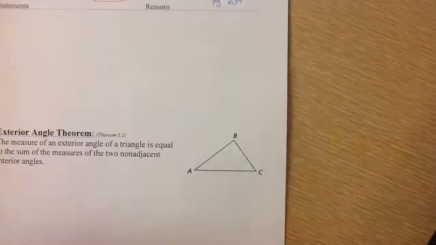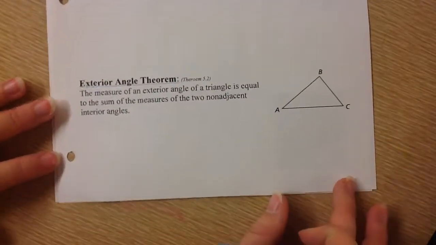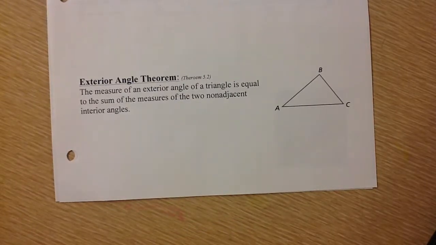All right, I believe it's our last theorem for today. We have one other little corollary, our exterior angle theorem. The measure of an exterior angle of a triangle.